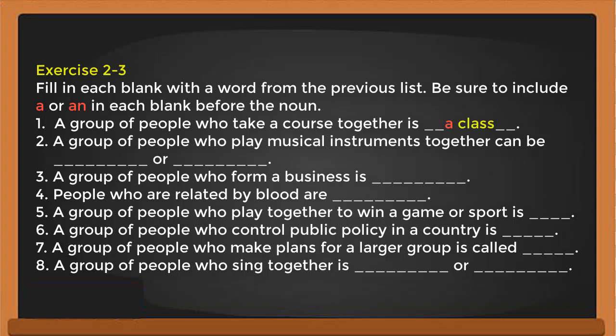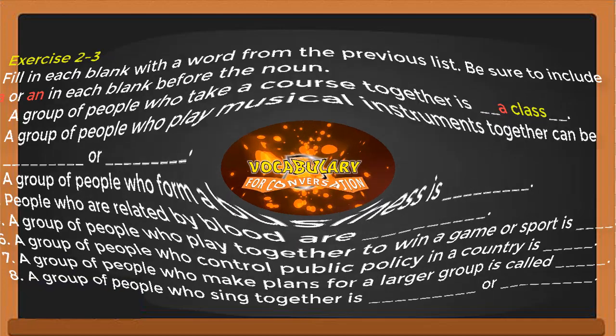A class contains people who study together in a course or something. I'm going to let you do the rest of the questions, and then you can check your answers in the answer link that I provide in the description. Okay, you can go to that link and you can find your answers.